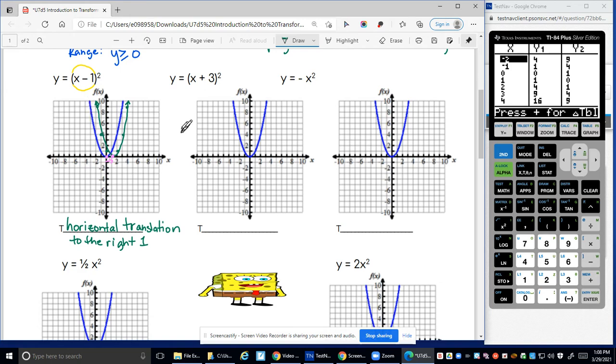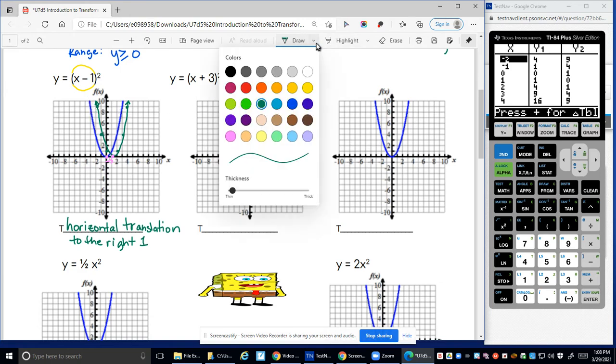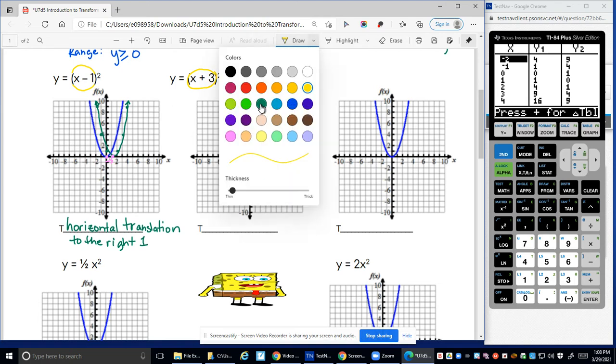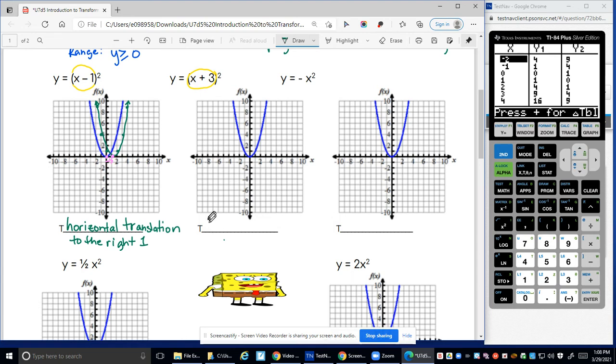So let's look at this right here. It says +3. What's your prediction? Remember that it is the opposite of what you would think. If you said that you think it's going to go to the left, I think you might be right.